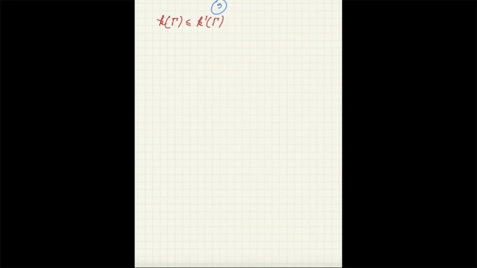So for this, let's take S a subset of vertices in gamma such that the number of edges between S and S complement is the edge connectivity.